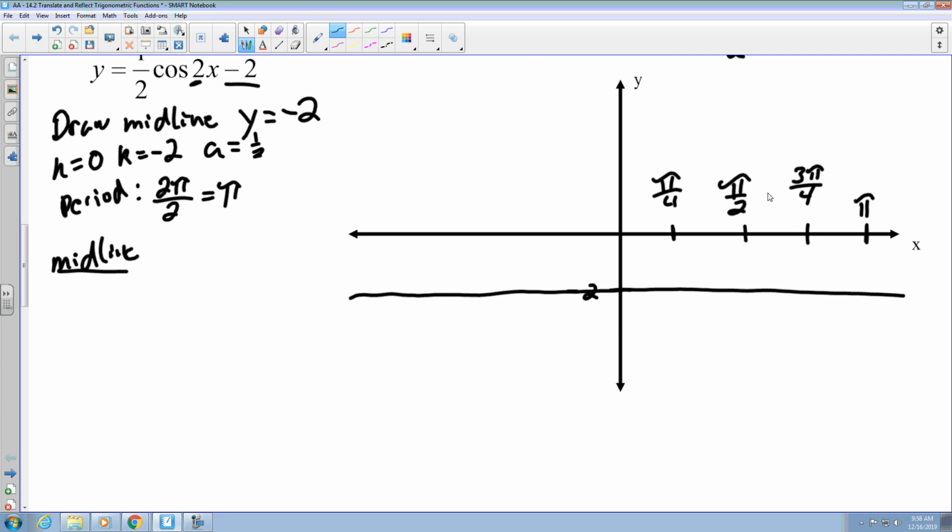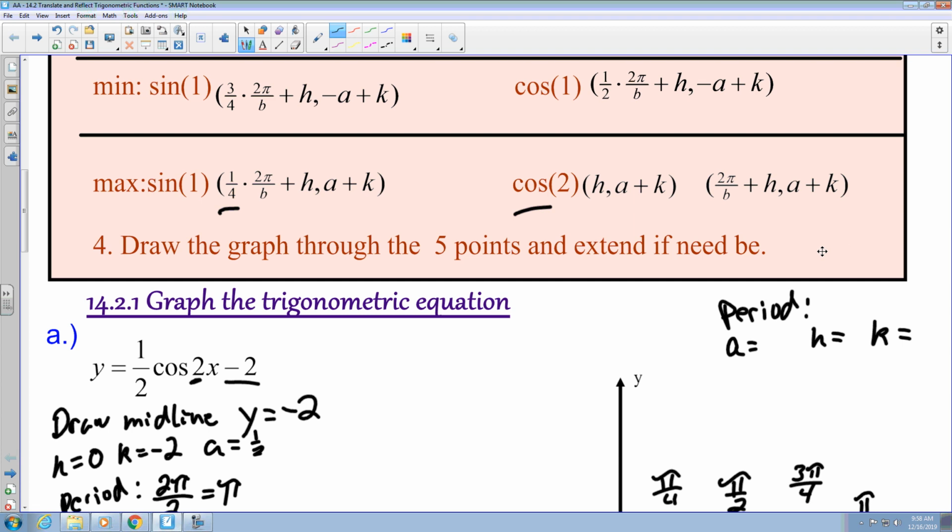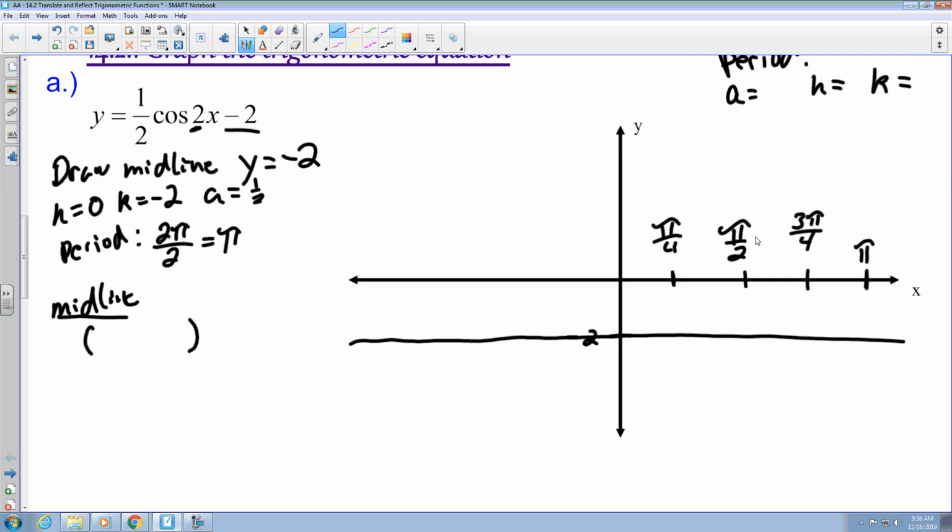So midline coordinate number 1 is going to be 1/4 times the period, which is pi. So in this case, it's 1/4 times pi, added to h, which is 0. So my x coordinate is pi over 4.